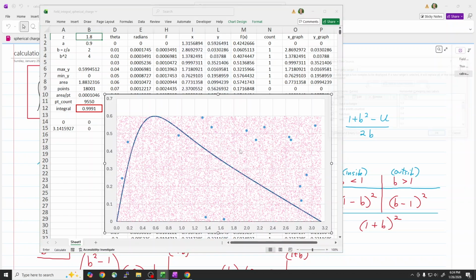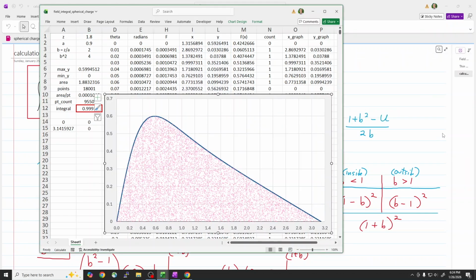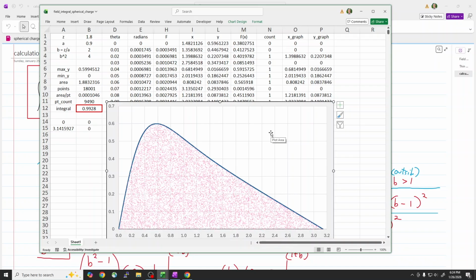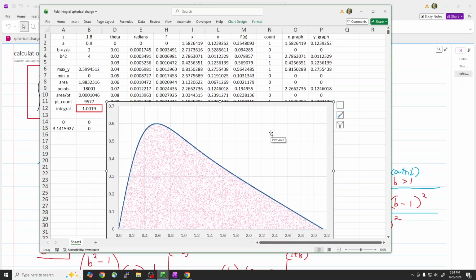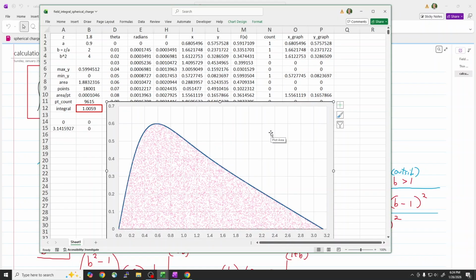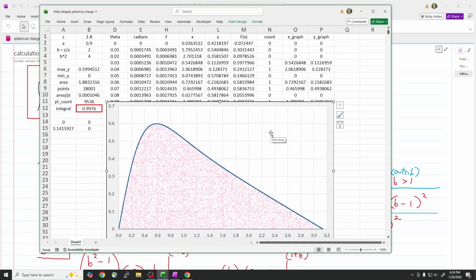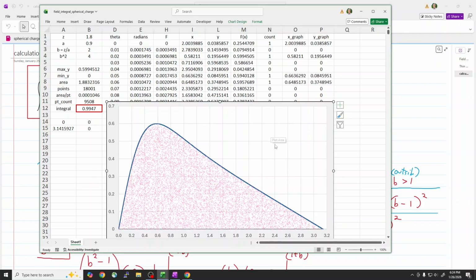So let me just show that again. You'll see that as I keep refreshing this Excel sheet, the random pattern generates again, and points are counted or not counted based on them being under the curve or not, and then they're discarded.